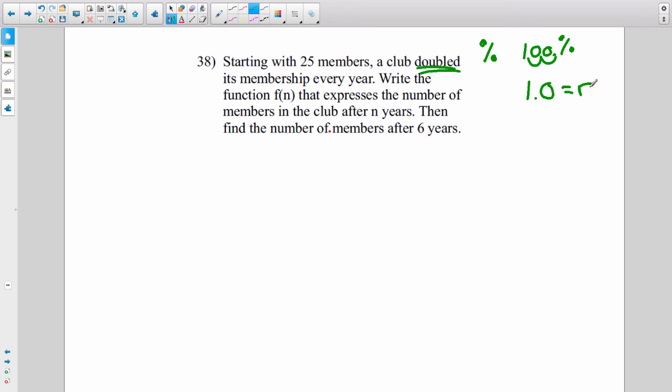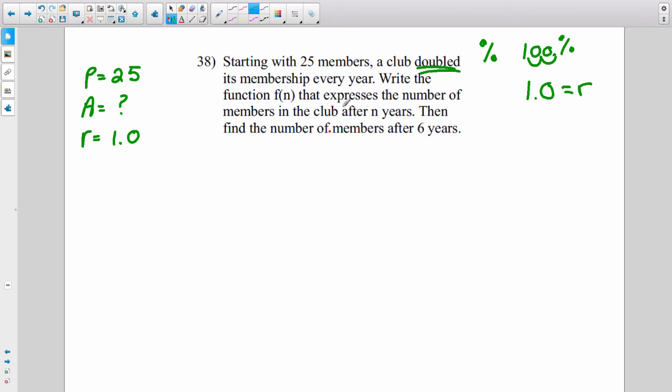What kind of formula are we going to use? We've got 25 members, so I'm thinking P is 25, because that's the amount you start with. A is probably who knows how much, don't know. The rate is going to be 1.0. Is there any kind of compounding going on? The club doubles its membership every year.